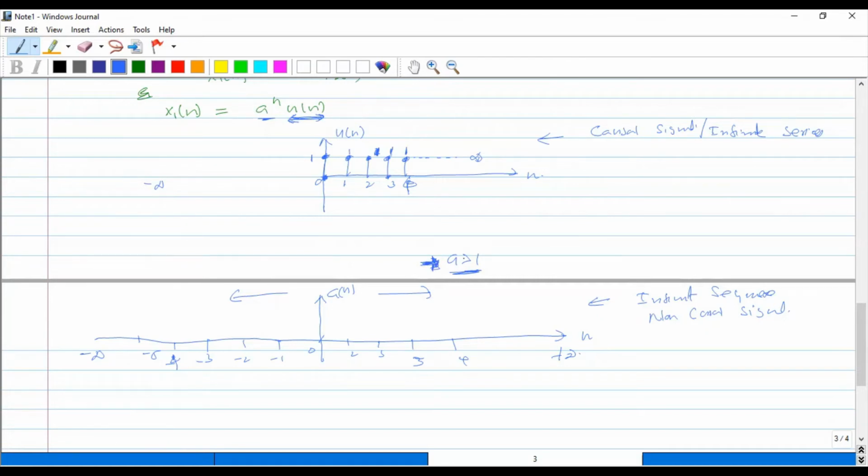If a is greater than 1, then a^0 will be 1, a^1 will be a larger value, a^2 will have a greater value than this one, and a^3 greater still.